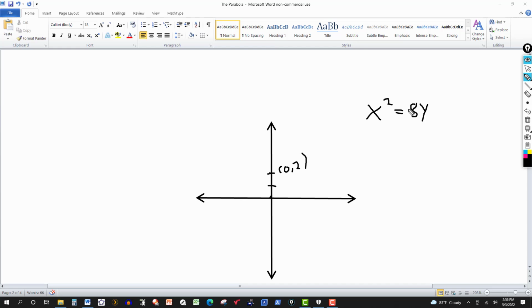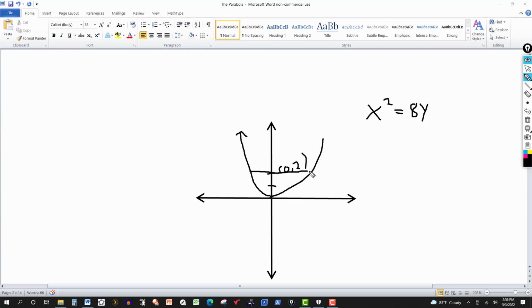If this had been a negative, it would open down. So basically this is going to go like this, and like this. And the latus rectum is this segment.